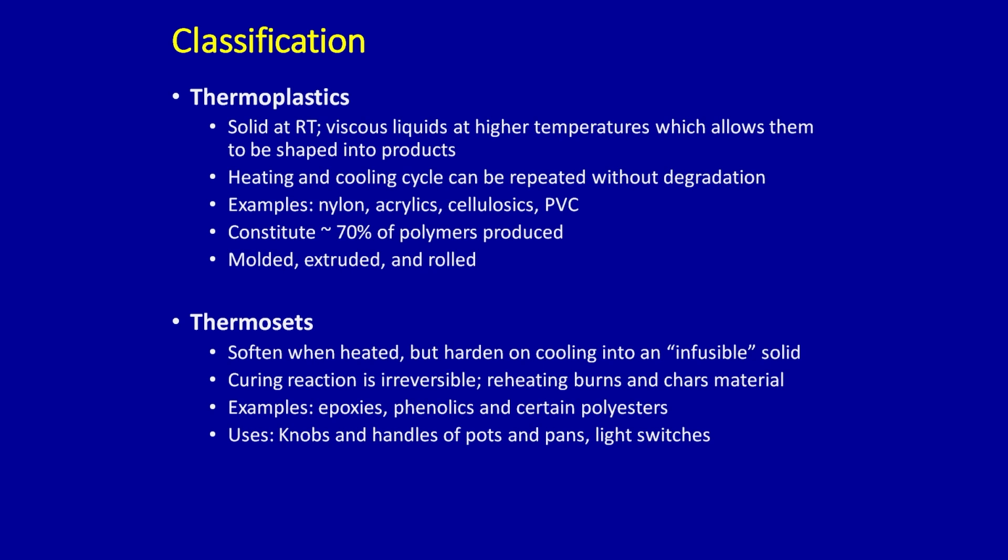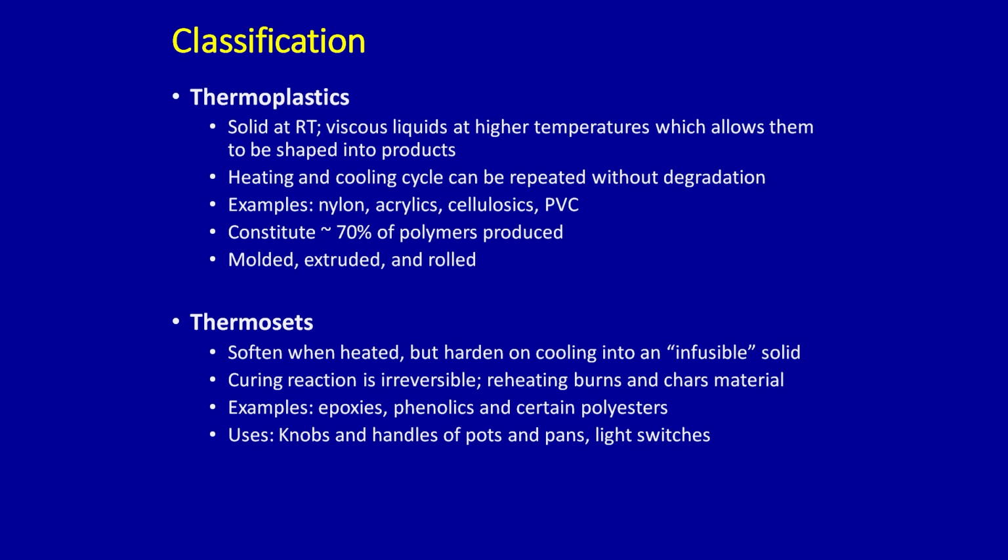Therefore, reheating will burn and char the material, producing only carbon. Examples are epoxies, phenolics, certain polyesters. We use them in knobs and handles of pots and pans, and light switches. But unlike thermoplastics, thermosets are not so widely used. You should remember the difference between these two very well, and probably you know it.